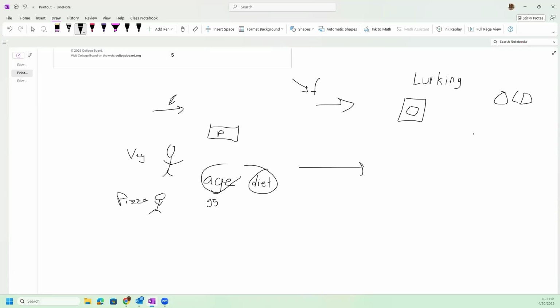A lurking variable is something you weren't considering that plays a big role in it. The one that they oftentimes use, and I don't know if your teachers have ever done this, you do realize that ice cream sales and people drowning are strongly correlated.